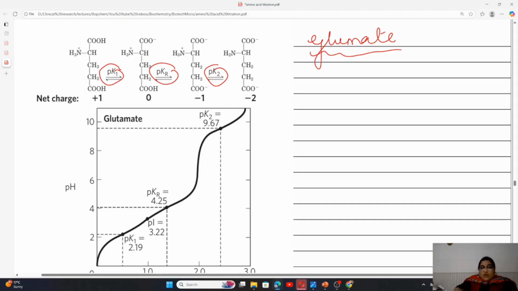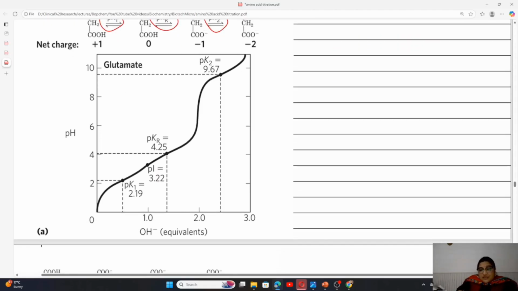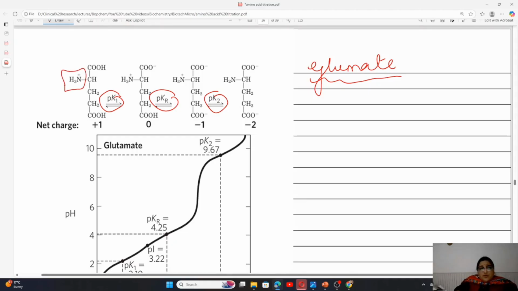What we are doing is increasing the concentration of OH negative ions. We are increasing the pH. As we are increasing the pH, what is happening here? You can see that at the amino group, there is a positive charge.